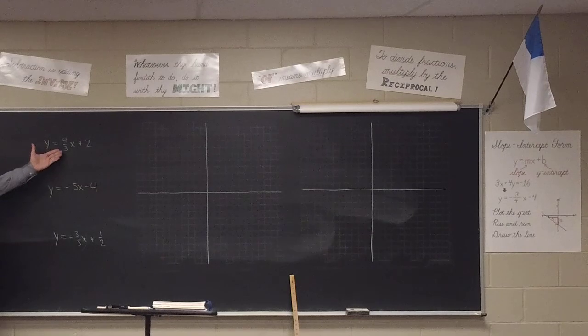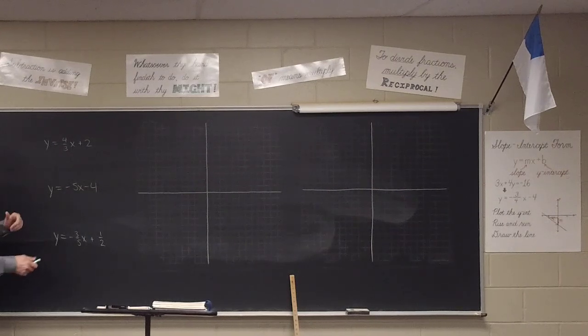So here, we know our slope, class, is 4/3, and we know our y-intercept is positive 2. The question is, which do we do first? What do we graph first? Well, slope is literally what over what, class? Rise over run. But in order to rise somehow or run something, there has to be a starting point, correct?